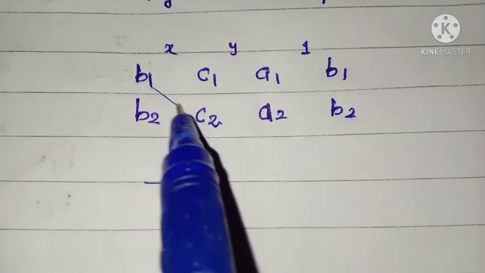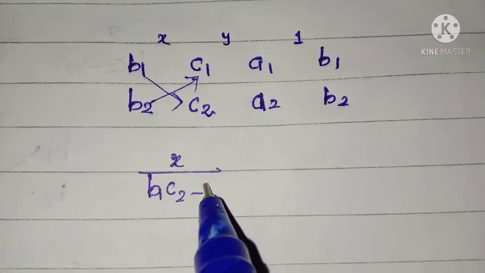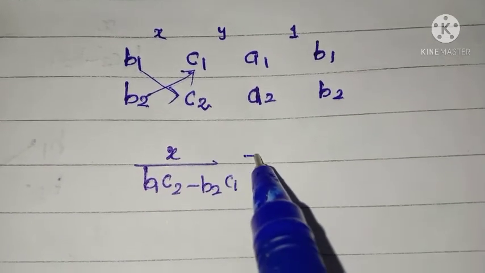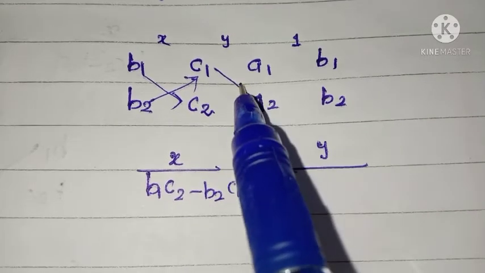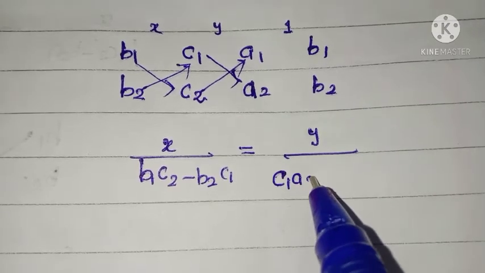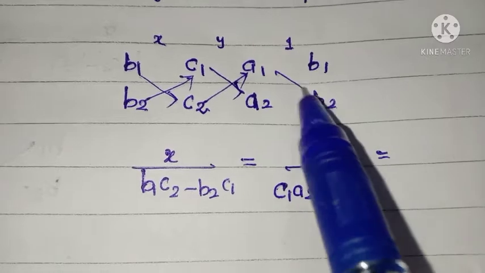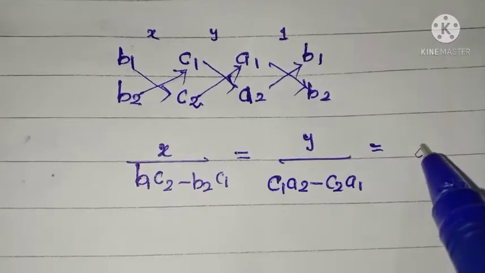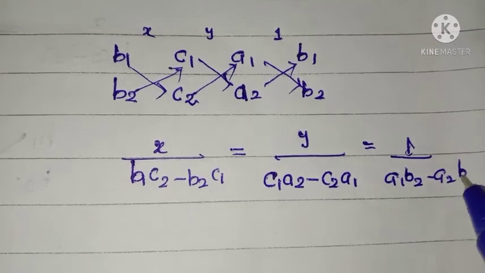Now what is the result? x by b1 c2 minus b2 c1 equal to y by c1 a2 minus c2 a1, which is equal to 1 by a1 b2 minus a2 b1.